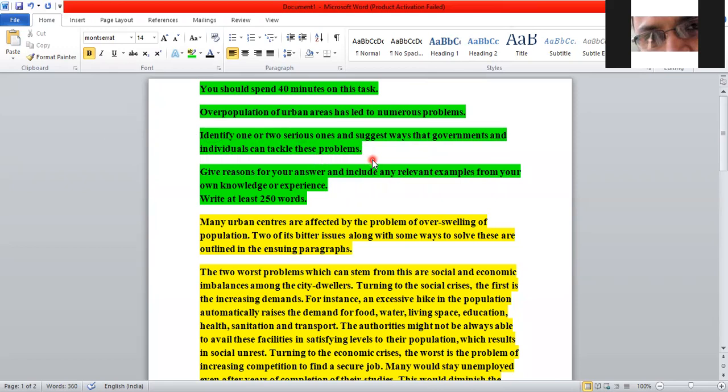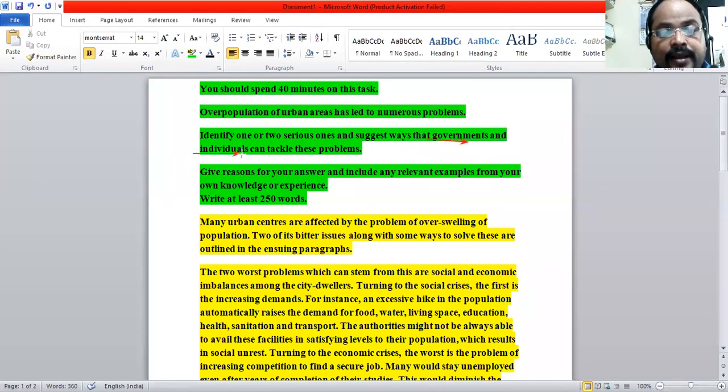The second question is you have to suggest solutions by the governments and individuals. So you have to address both the cases, that is the governments and the individuals. So you not only need to suggest ways that the government should adopt, you need to suggest ways that individuals can adopt to this situation. So this is what this thing is.